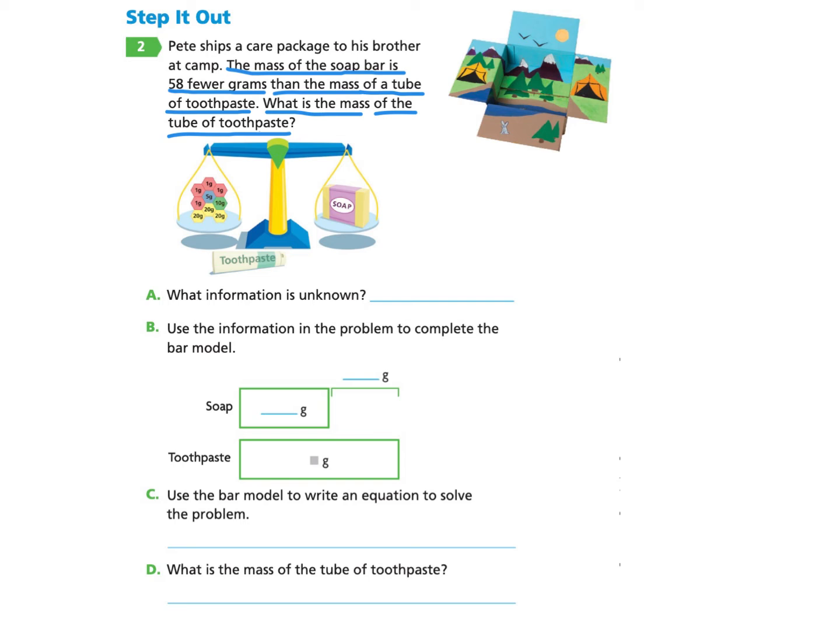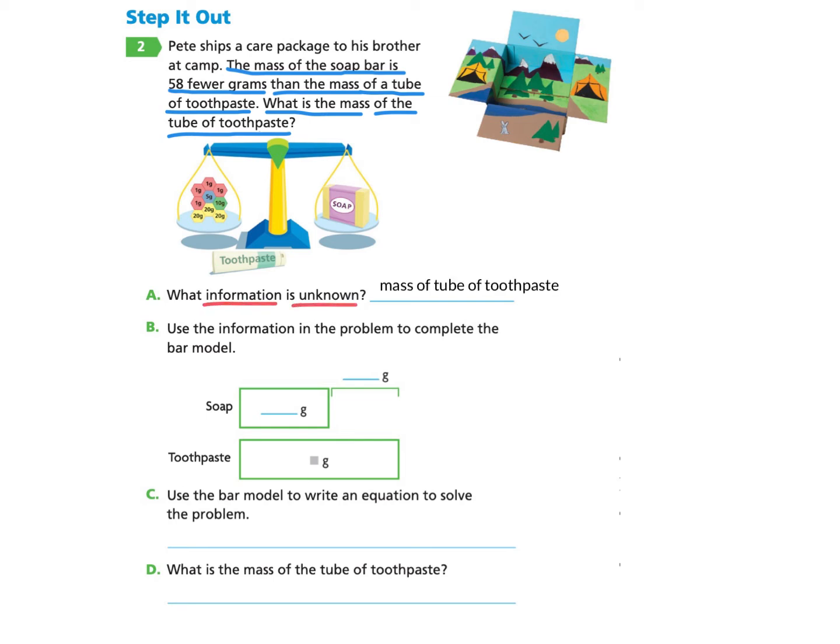Okay, so that's a lot of information. We have a picture showing the tube of toothpaste, the bar of soap, and our balance here. And so we're going to go step by step, A through D together. Part A asks, what information is unknown?